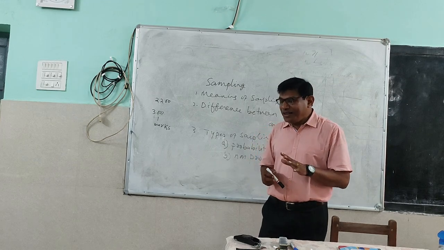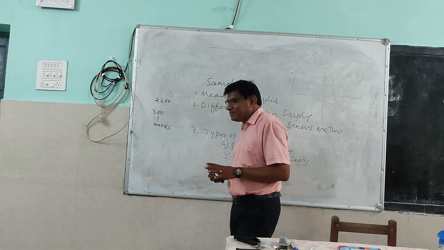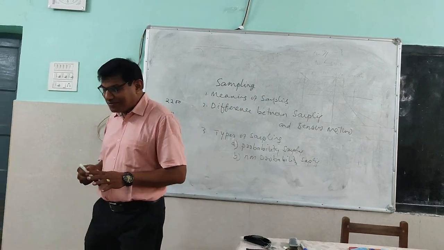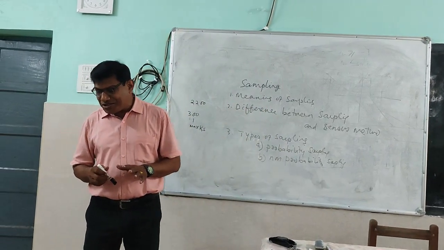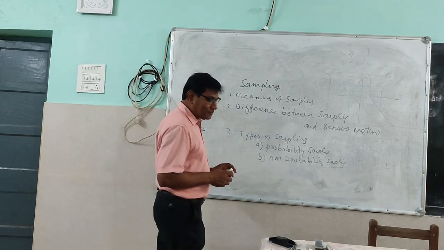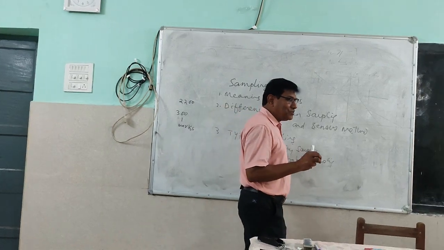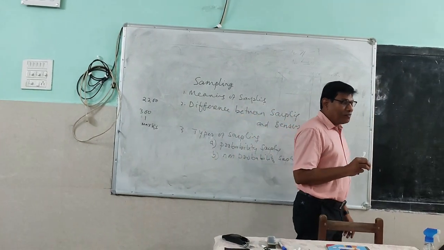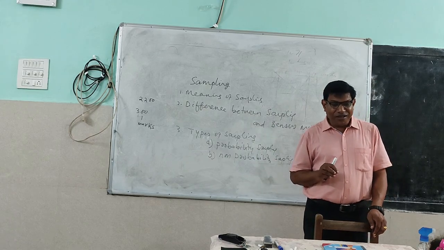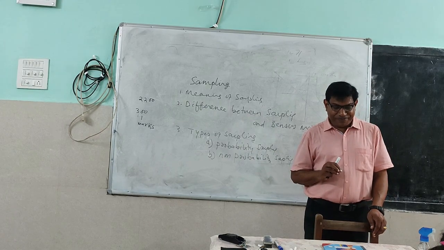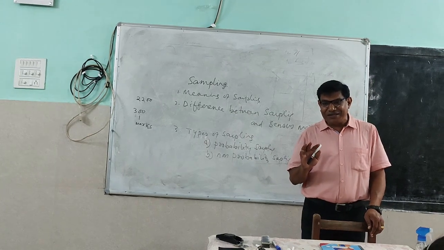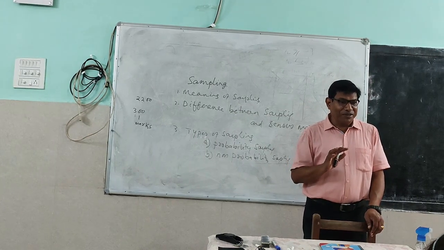But when the population is very large, the sampling method is used for collection of data. Okay, so this is what is called the census method and what is called the sampling method.